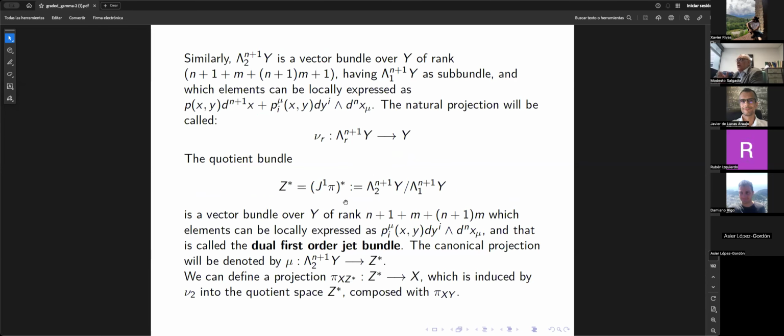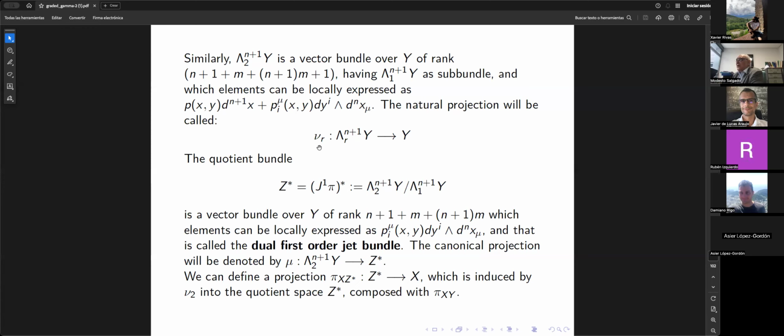And also we can consider the n+1 forms semi-basic. So in this case, any form belonging to this bundle of forms is just expressed locally in this way.